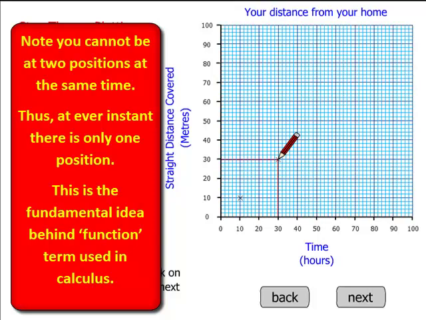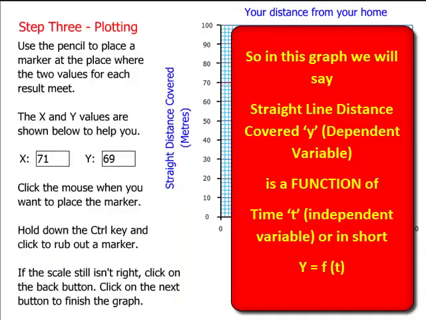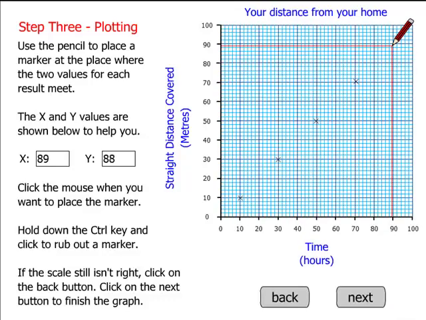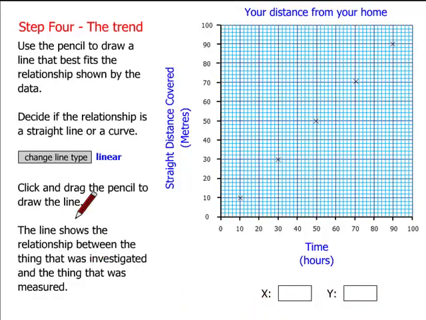This is the fundamental idea of calculus. You can have only one dependent variable for one independent variable. So for one time you can only be at one position. This is a critical point, and you must remember this. Now I'm plotting, and you can see for every one independent variable there is only one dependent variable.